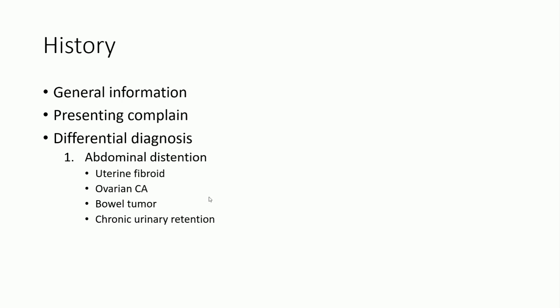If you suspect ovarian cancer, just palpate the abdomen. You will see a mass. That is a way of making sure that this is a case of ovarian cancer. If you feel a mass, we can make sure it is an ovarian cancer case. Then we can move on with 100% confidence.